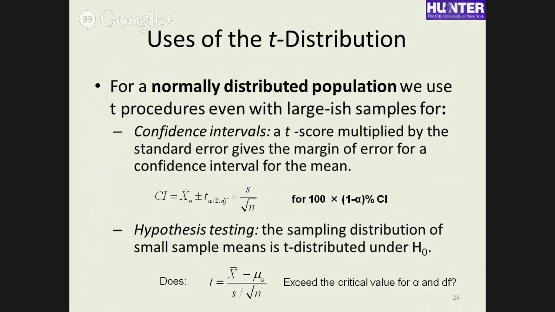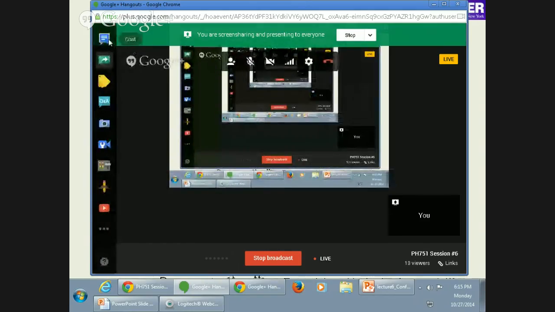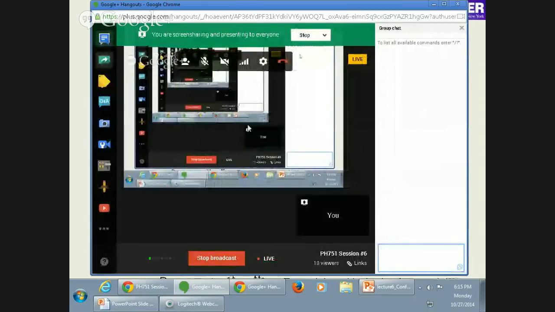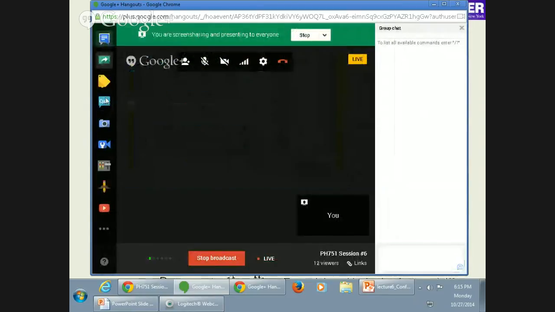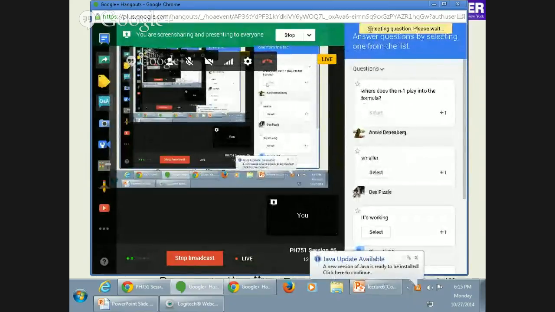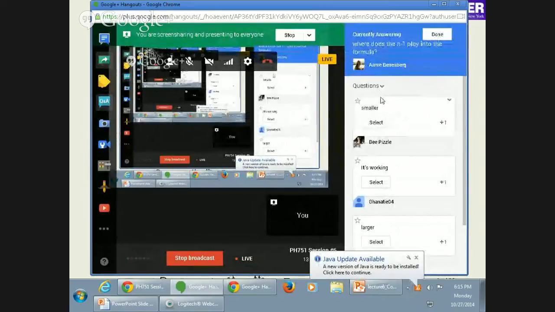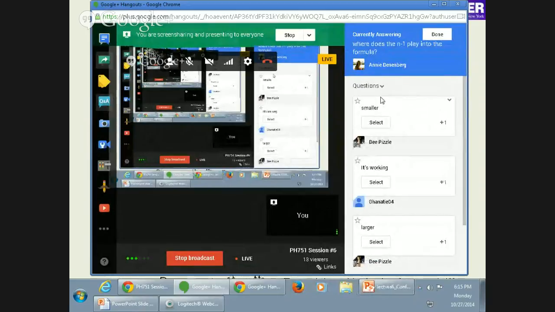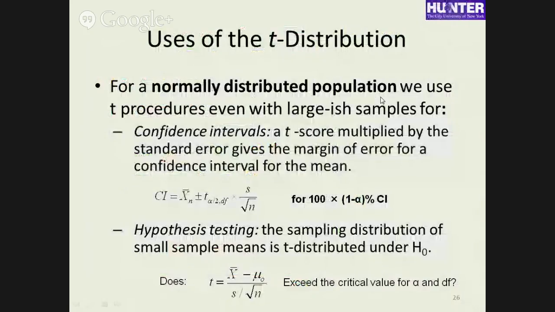Almost done. Oh, there's a question from online. Where does the n-1 play into the formula? Let's see.